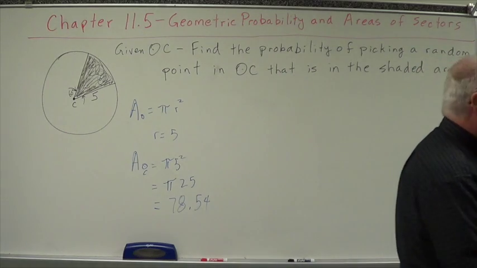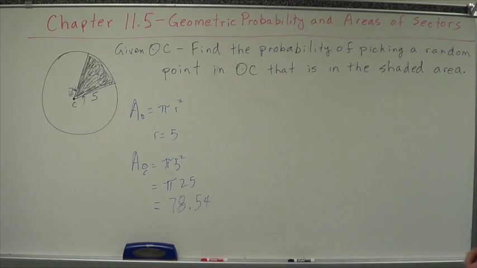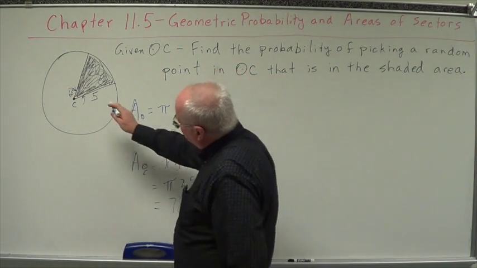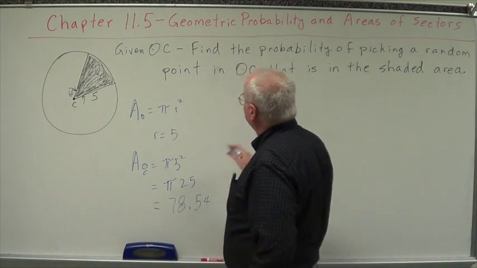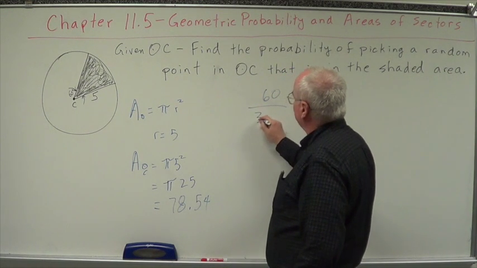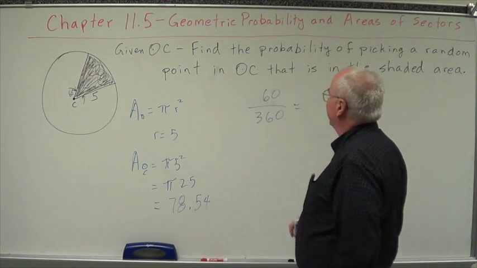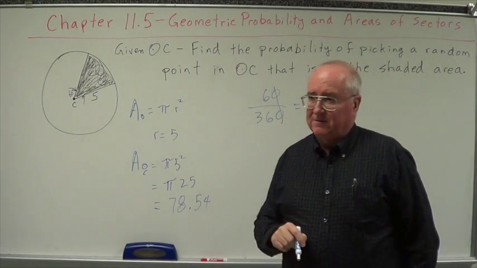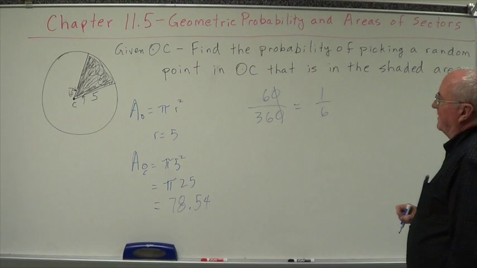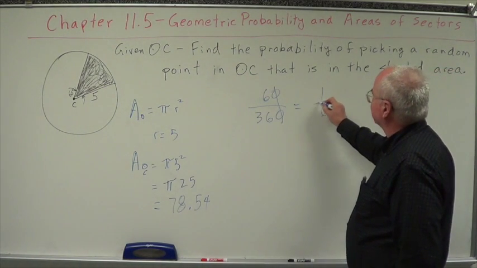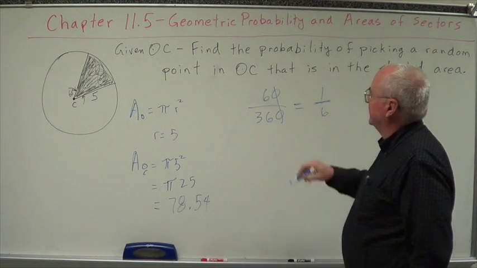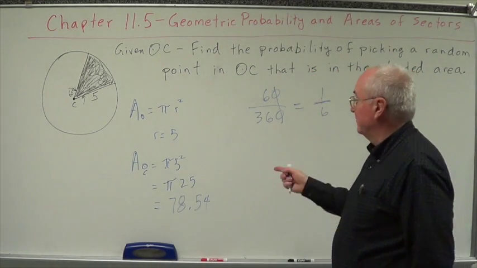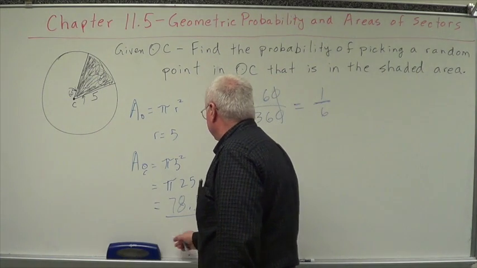So the entire circle equals 78.54. Now, what we've got to do is figure out what part of that circle is the shaded area. Well, what did we say? Shaded area is 60 degrees. The total circle is 360. That equals basically 1/6. All right? So basically, I have a 1/6 opportunity of getting that. So I can divide this by 6.